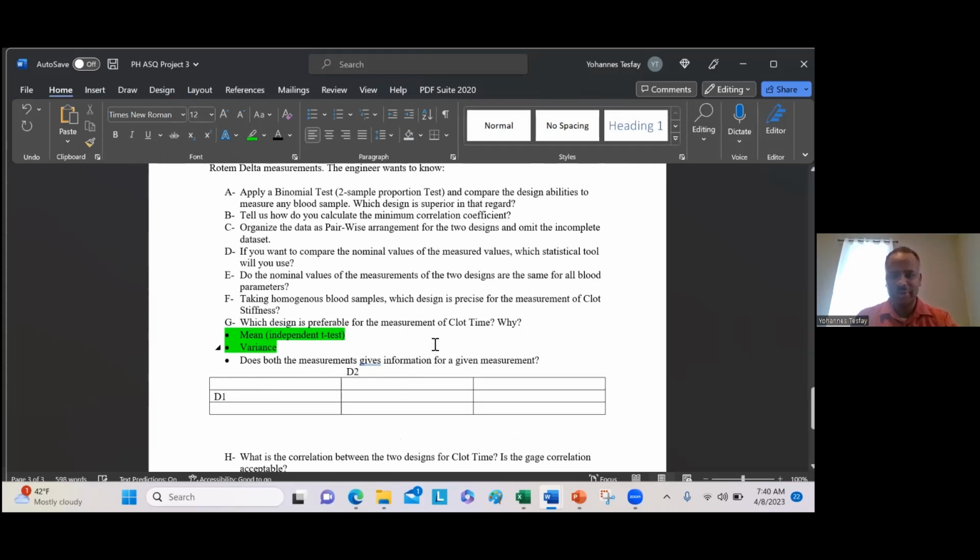This is V max or whatever. Venous and arterial are the samples, like this. Here it gives measurement, and here it doesn't give measurement.